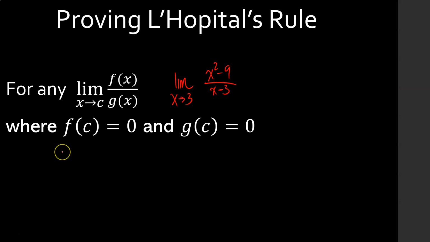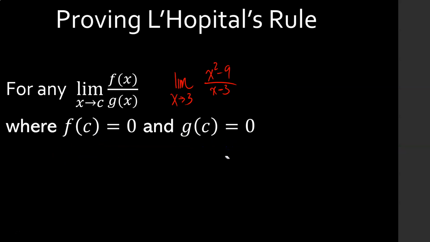So when, in this case, something squared minus 9 is equal to 0, and our something is a 3. And in this case, our something minus 3 has to be equal to 0, and that's a 3. So that's all we're saying here. We're just doing a generalized form.